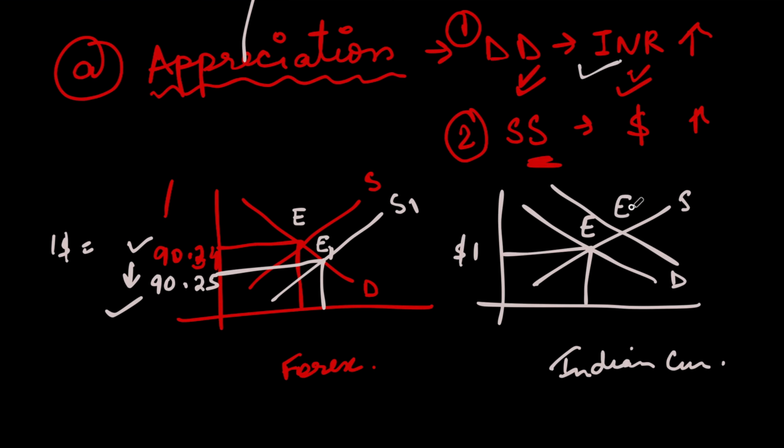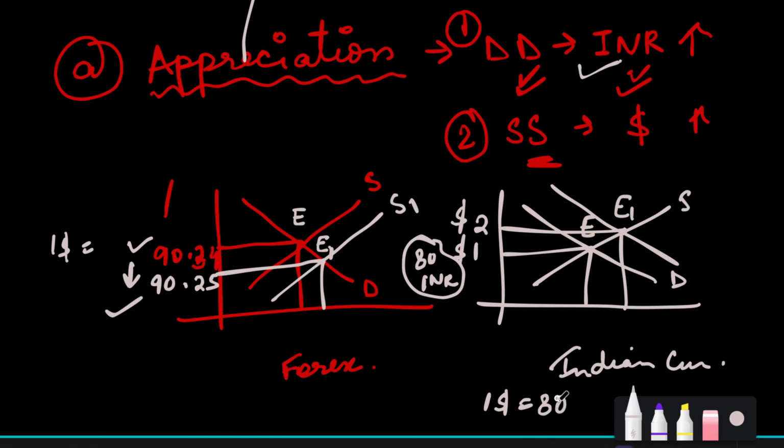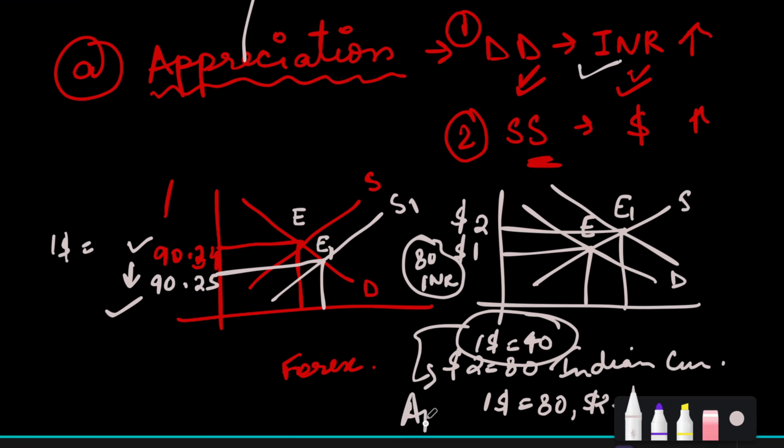So let us increase the demand, and this is how I get a new equilibrium. If I say that this is equal to 80 INR, whatever the case, now this has increased to $2, which means earlier $1 is equal to 80, now $2 is equal to 80, which means $1 has fallen to 40. This is again appreciation for us.